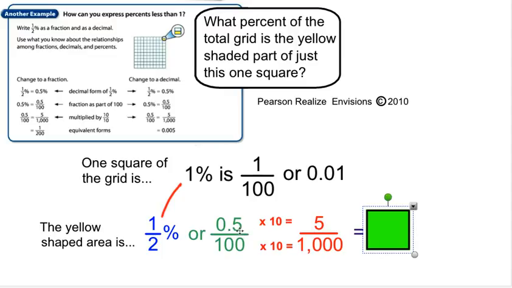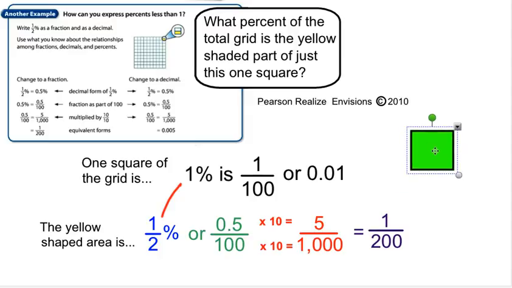And so we're going to take 5/10 and multiply it by 10, and 100 multiply 10, and we will get our 5 thousandths. We create an equivalent fraction, which we can then turn into a simplified fraction. We would divide by 5, and we would get 1/200ths.